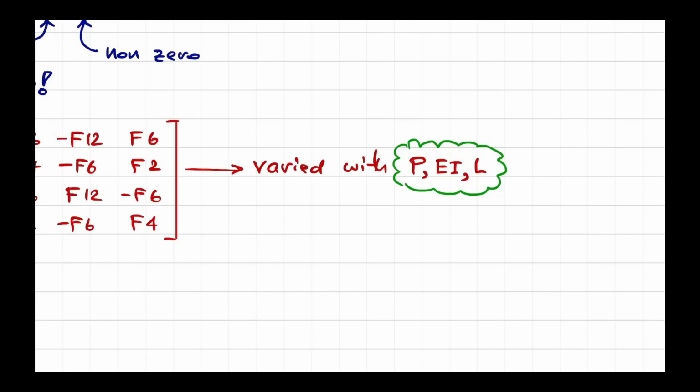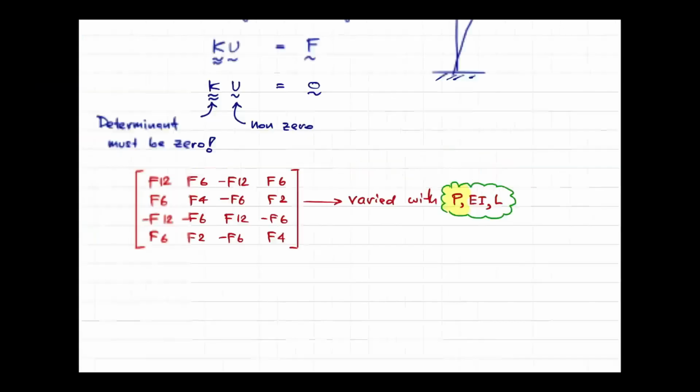So the only parameter that changes is the P. So as you vary the P value, all these stability functions change, right? And then the value that makes the zero determinant will be the buckling load.